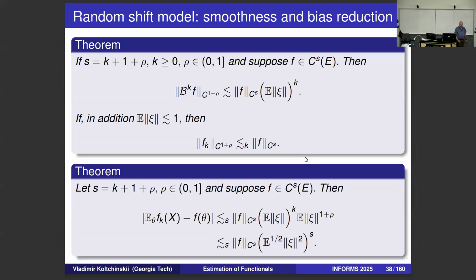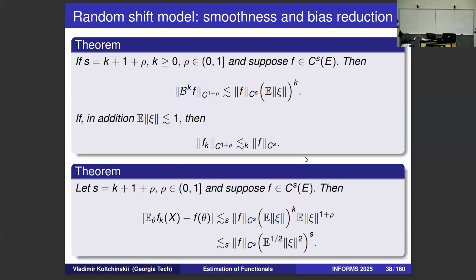Now, why are these representations useful? They are very useful for us because they allow us to compute further derivatives, if we need, of functions B_k f of theta, for instance. And using the expression on the norms, we can also easily derive a bound on the bias of the estimator f_k of x in this case, and this bound will be of this order.